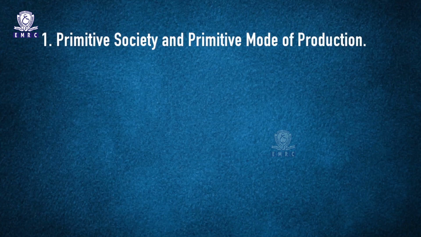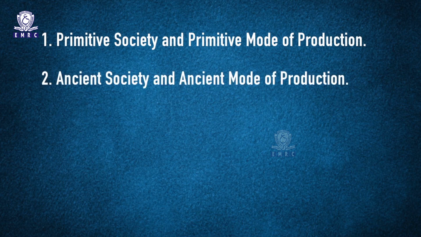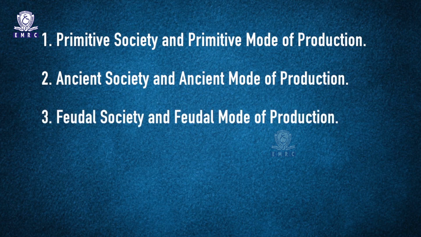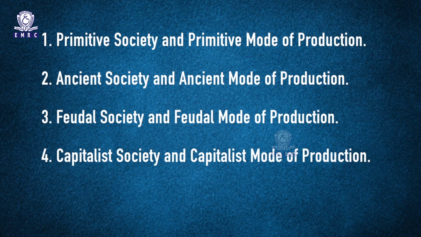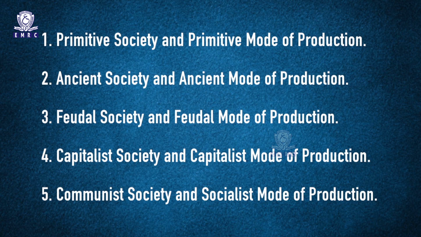They are: number 1, primitive society and primitive mode of production; number 2, ancient society and ancient mode of production; number 3, feudal society and feudal mode of production; number 4, capitalist society and capitalist mode of production; number 5, communist society and socialist mode of production.